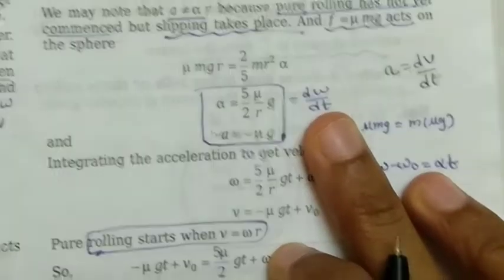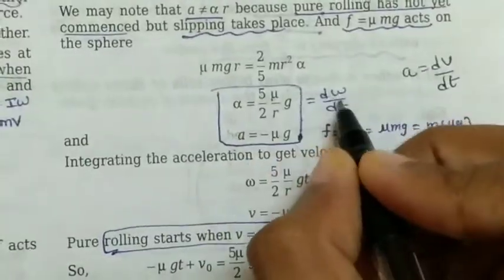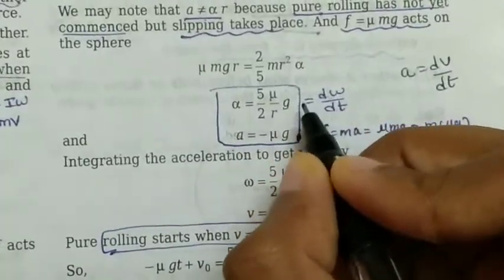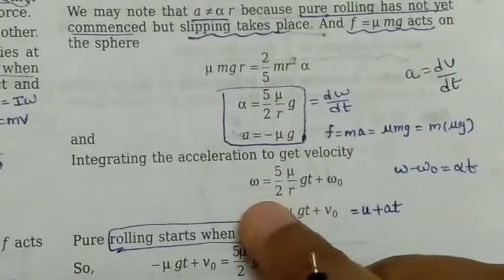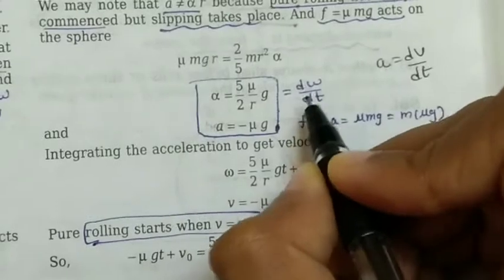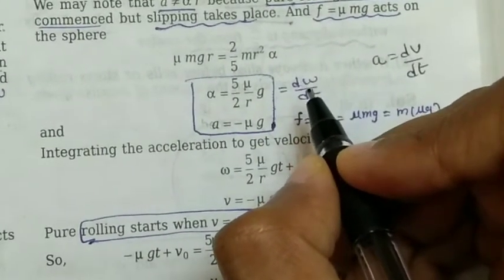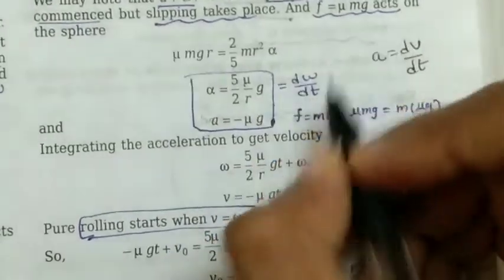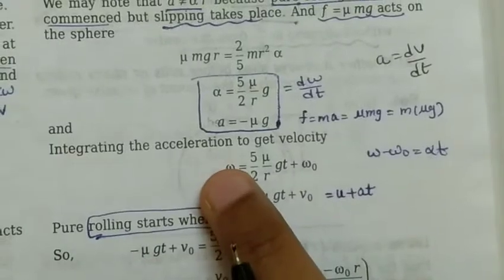If we send this dt to the other side and do integration on both sides, we get the integration of d omega from omega naught to omega. The integration of d omega is nothing but omega, just like the integration of dx is x. So with limits from omega naught to omega, we get omega minus omega naught.